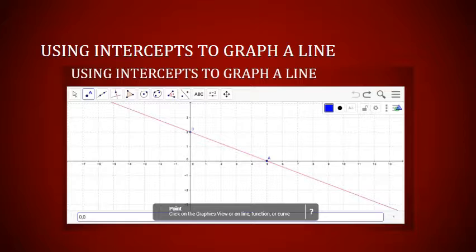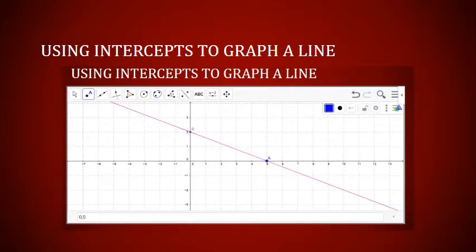So if you recall, we had the x-intercept of 5 and a y-intercept of 2, and then we can use this to graph. Here I've put a point on the line at 5, the x-intercept, where the line is crossing the x-axis.